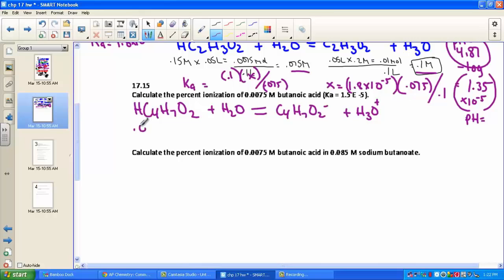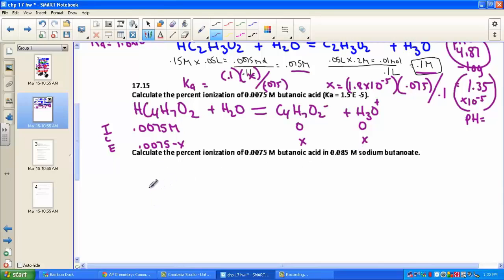If the original concentration is 0.0075 molar, the original concentrations of the ions are 0. At equilibrium, we would have 0.0075 minus X, and we would have X and X for the concentrations of the ions.